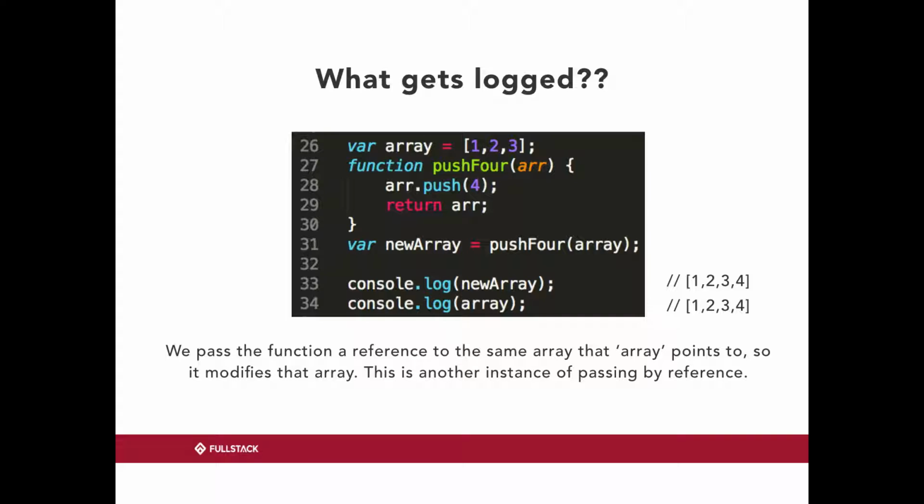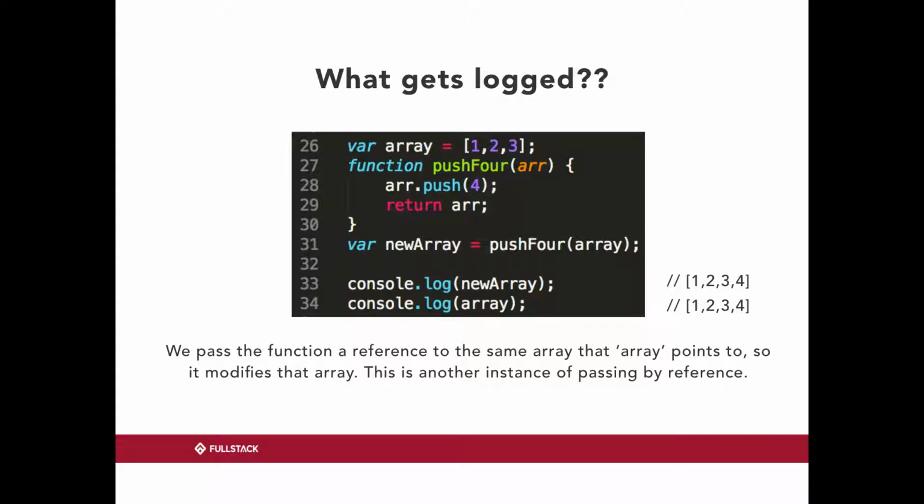Pushing 4. We add a 4 to it. And then we return the array. We don't return a copy of the array. We're not returning array.slice like we did in the previous slide. We're saying, here's the actual array that I'm using right now. Take it. Cool. So we return that array, and when we go to line 31, we finish the assignment.